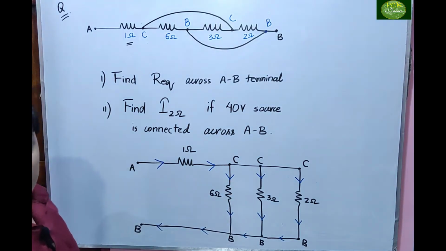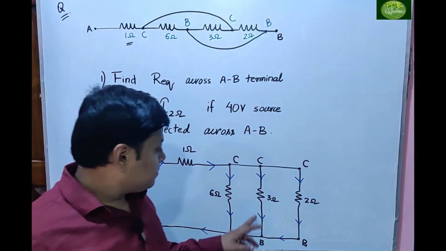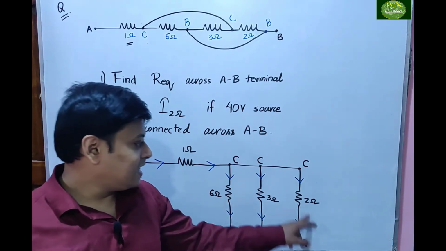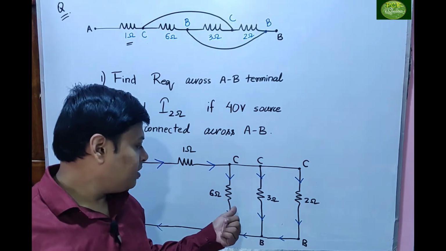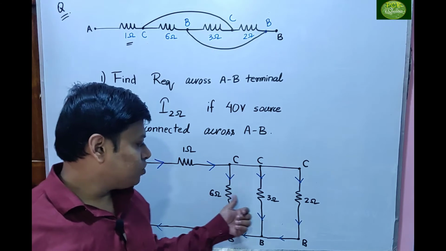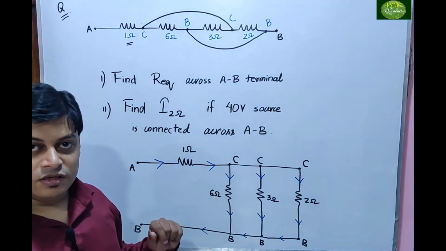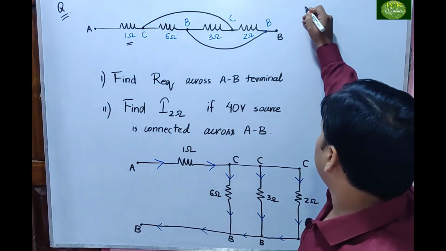Now coming to the conditions of the series and parallel. Now you can see that from C to B, 3 resistances are there. Starting point, ending point, both are same. Fine. Common for 6 ohm, 3 ohm and 2 ohm. So what we will say? 6 ohm, 3 ohm and 2 ohm are parallel to each other. I'll redraw it. Don't worry about it. So what will be the circuit?